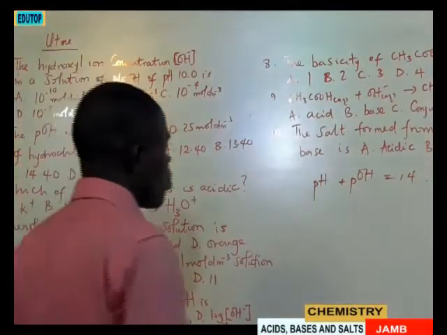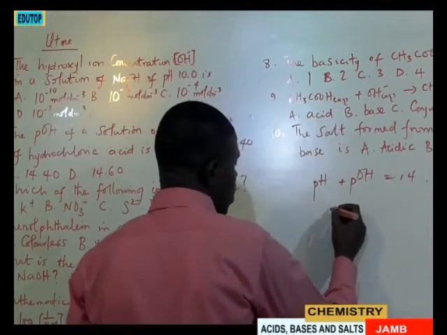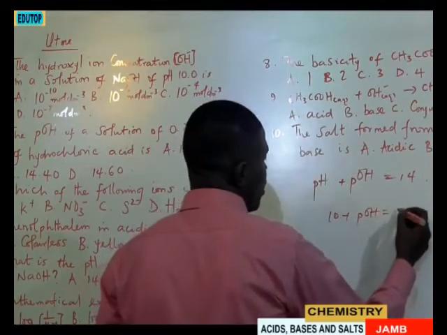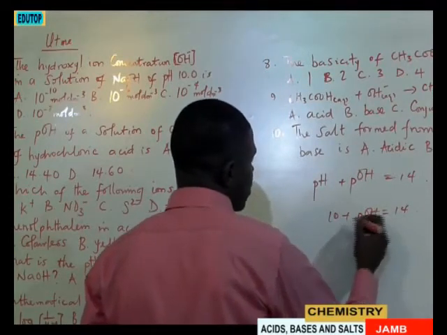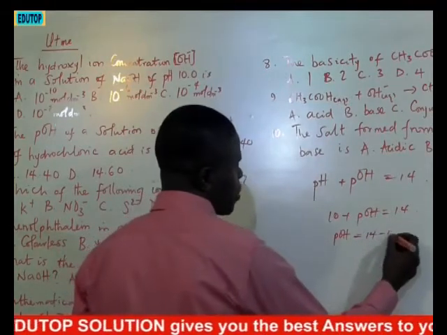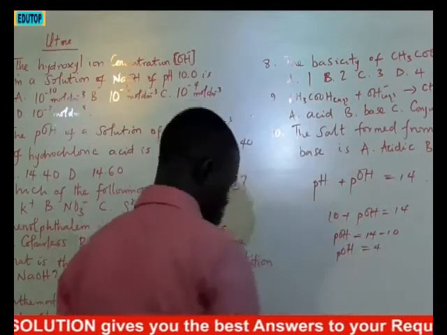So we have been given our pH to be 10. So 10 plus pOH will give us 14. So pOH will be equal to 14 minus 10, and that will give us 4. So pOH equals 4.